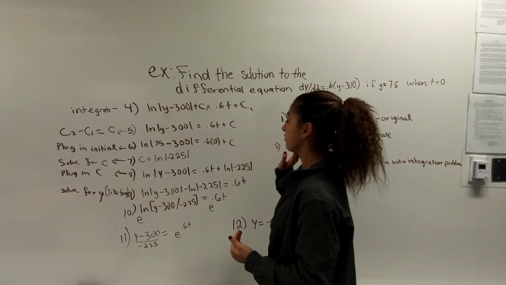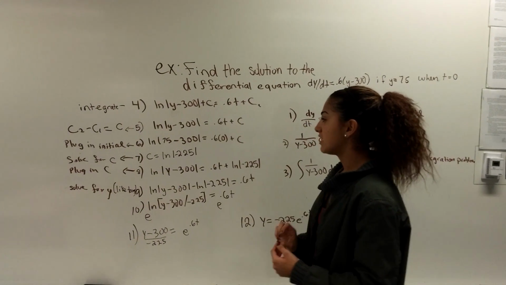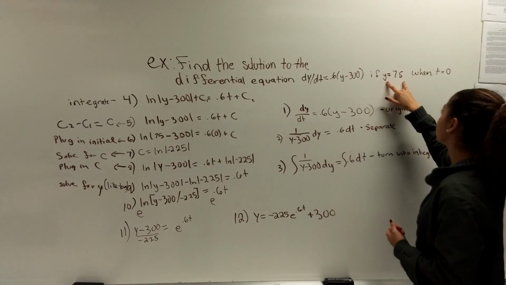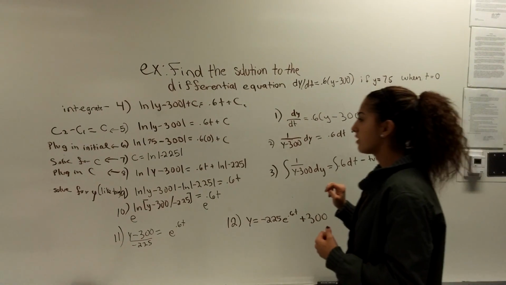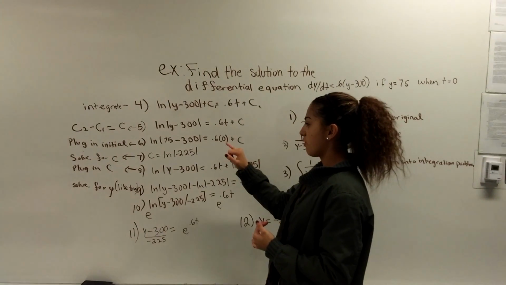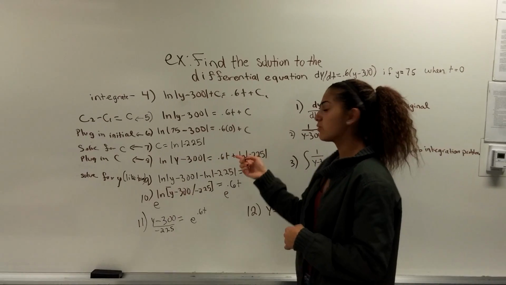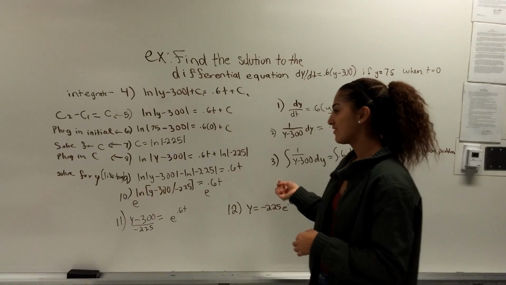For the sixth step, we are going to plug in the initial condition, which was y equals 75 when t equals 0, to solve for c. For step 7, you're solving for c, and c equals ln of negative 225.